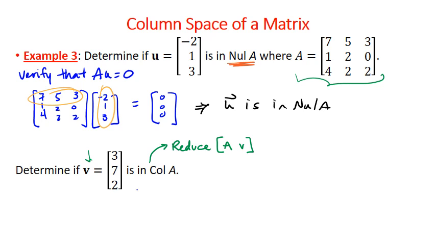If it is consistent, then the vector is in the column space. If it is inconsistent, then the vector is not in the column space.